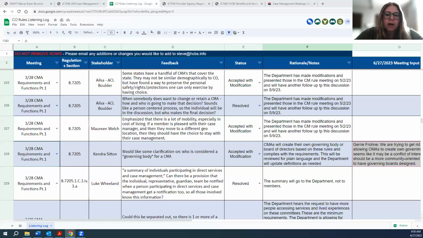So our hope is that having that advisory committee, in addition with the governing board, in addition to case management redesign, all together streamline a better path for members to receive services from their case management agency. So specific to that governing board, we have to have that language in there continually until statutes change. But that's really our hope, to have the additional things that support that, in relation to your comment.